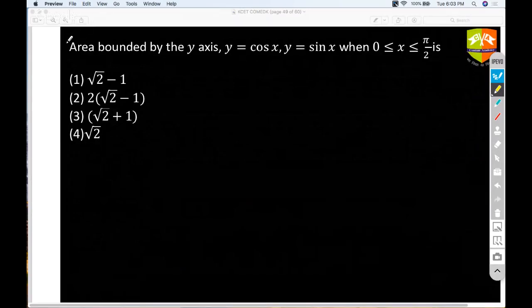So let's move on to the 49th question. The area bounded by cos x and sin x between 0 to pi by 2 is.